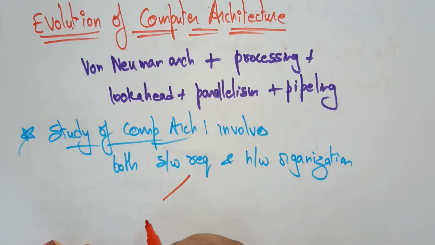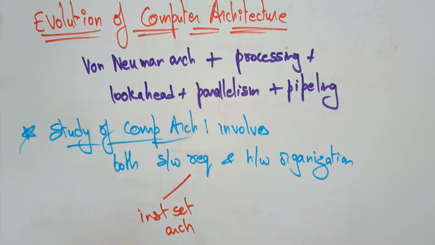Software requirement is nothing but the instruction set. Architecture means how the instruction set is designed, how it is programmed, and how the registers are used, because the CPU always gets its data from the instruction set only. Everything is in the form of instructions. From the instruction set, the binary code is taken by the CPU. So that is the software requirement.